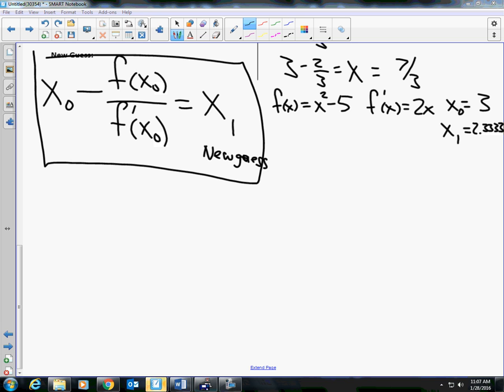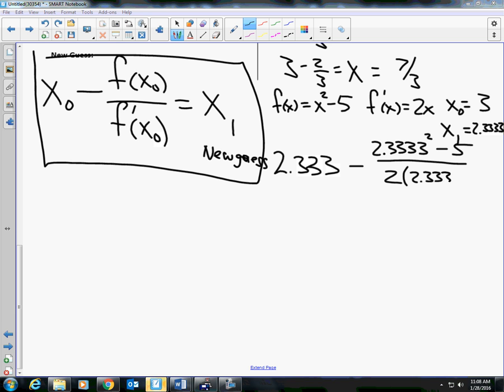And here's how you know when you're done. We're going to take 2.3333, which is 7/3, and I'm going to subtract 2.3333 squared minus 5 divided by 2 times 2.3333.